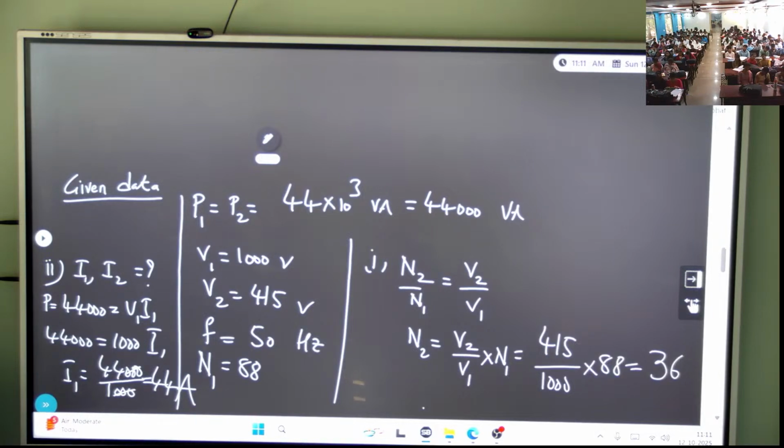If you know one of the currents, you are able to find the remaining current. I2 by I1 is equal to V1 by V2.